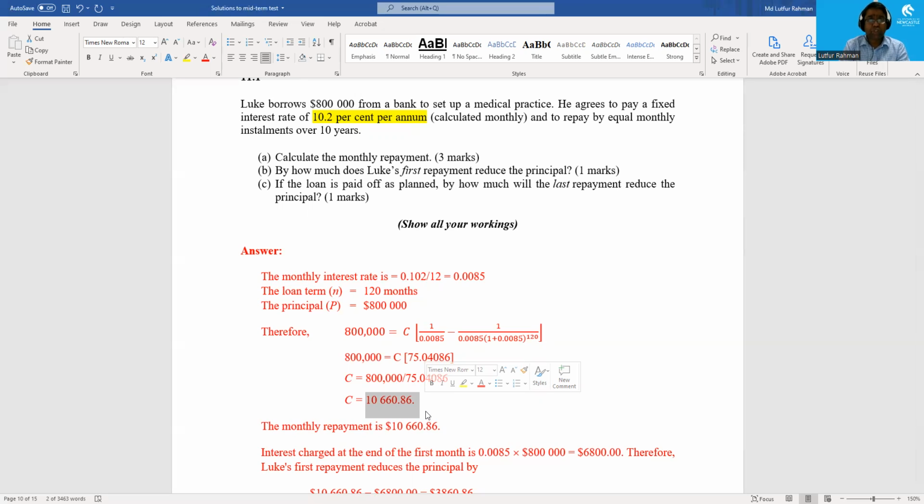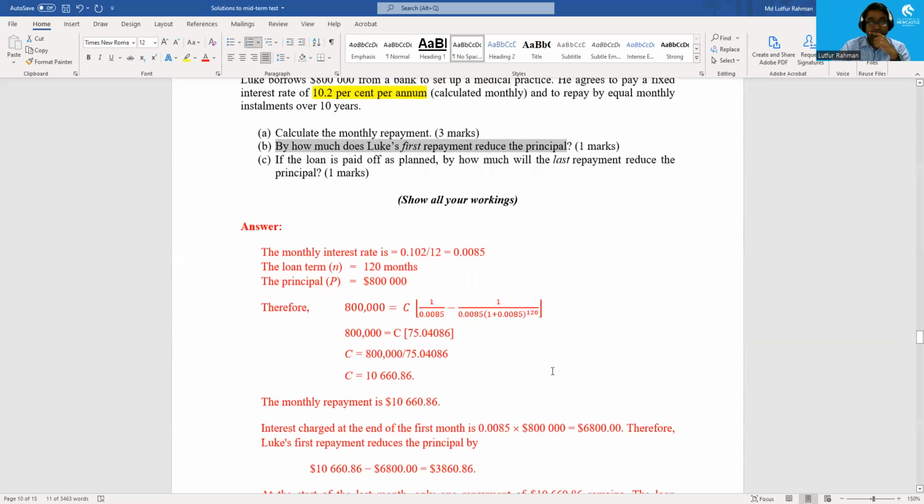As I mentioned, most of you did up to this correctly. The next part of the question is how much does Luke's first repayment reduce the principal? Essentially, for the first installment, you need to find out how much is the interest and how much is the principal. It is a very straightforward question if you understood it correctly, because in the first month, you should calculate the interest on the entire amount because no principal has been repaid yet.